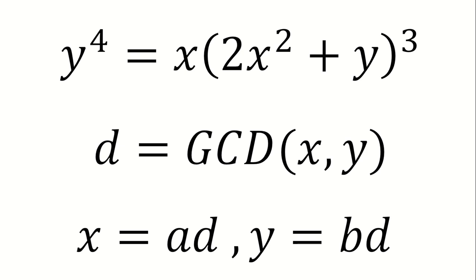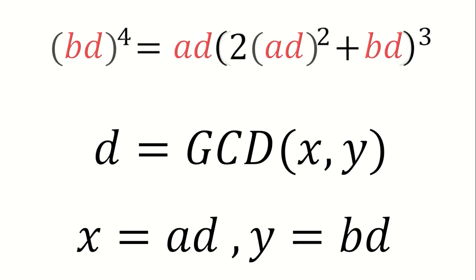So we can rewrite the original equation. y to the power of 4 is equal to (BD) to the power of 4, where x would be AD and y would be BD. So AD times (2(AD) to the power of 2 plus BD), all of it to the power of 3.